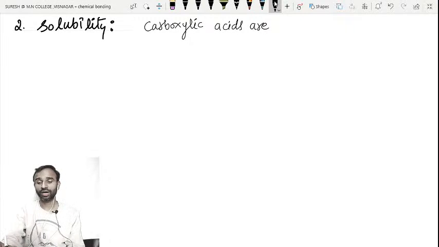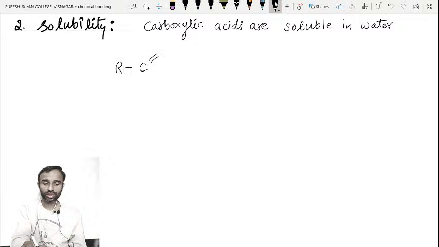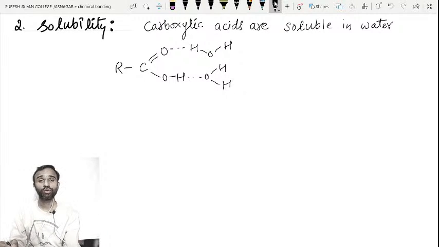Carboxylic acids are soluble in water, at least lower carboxylic acids, because carboxylic acids can form hydrogen bonds with water.